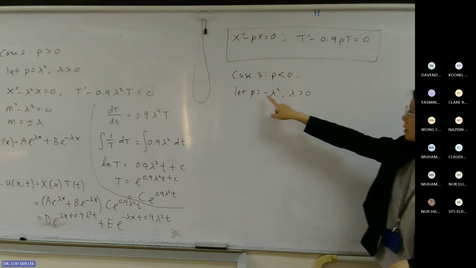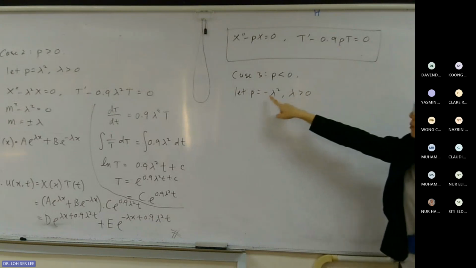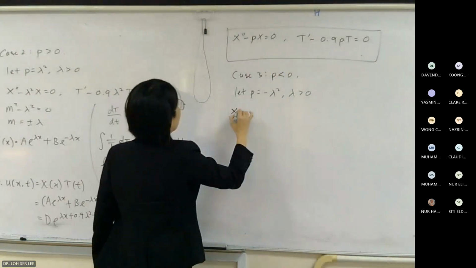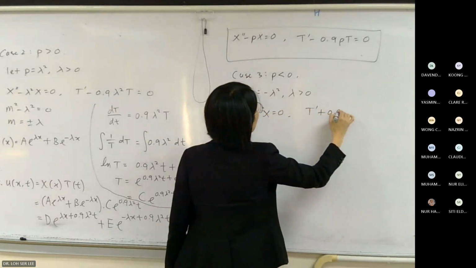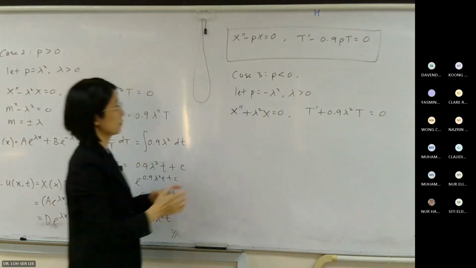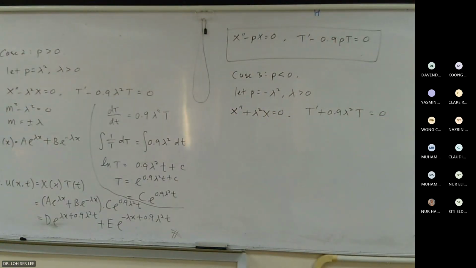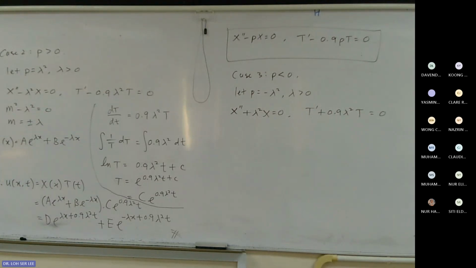Now put this negative lambda squared into here. Minus, minus, you get a plus. The second order ODE, we use the characteristic equation. The first order, we use the separable first order differential equation.